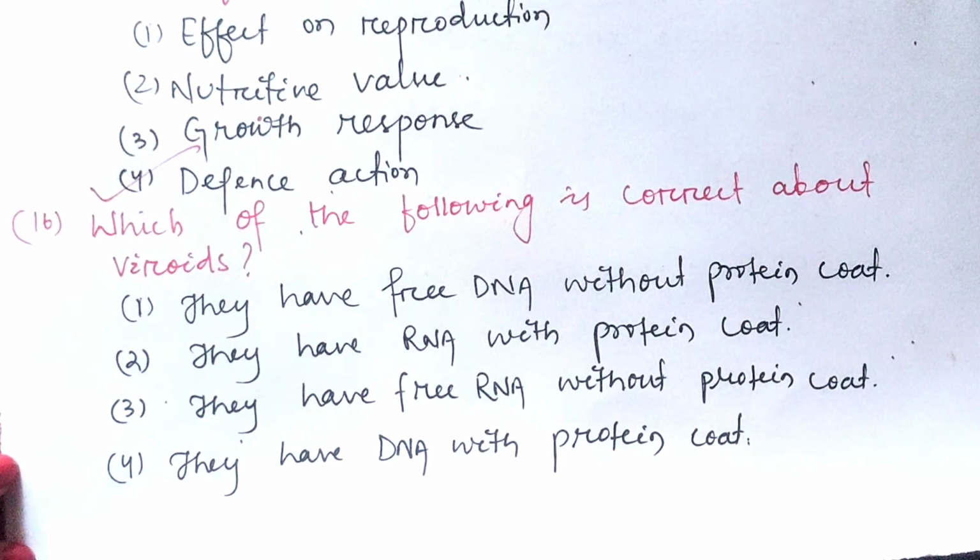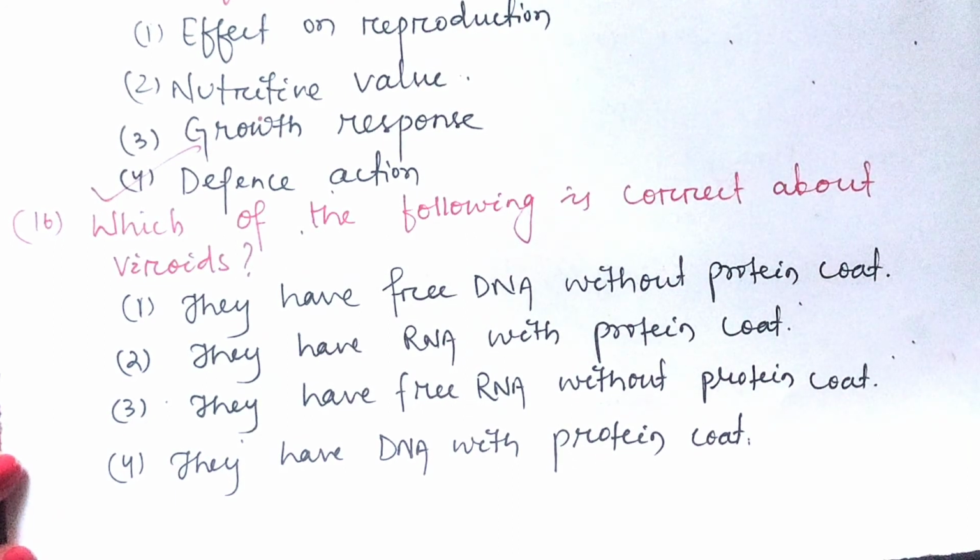So the viroids are the smallest infectious pathogens composed of a short strand of circular single-stranded RNA that has no protein. They have free RNA without protein coat. So option 3 is the correct answer.